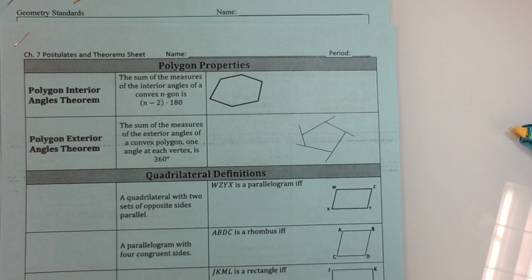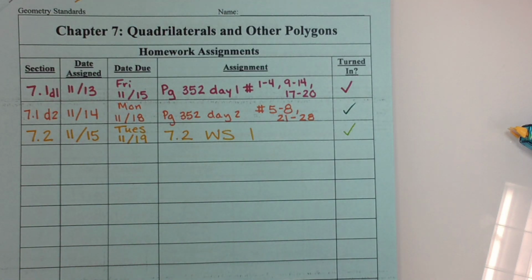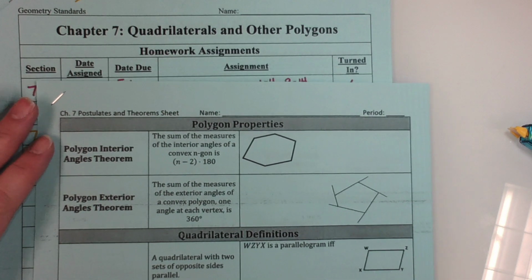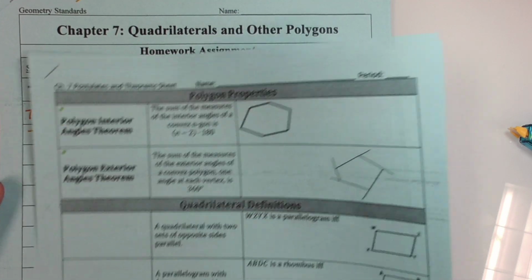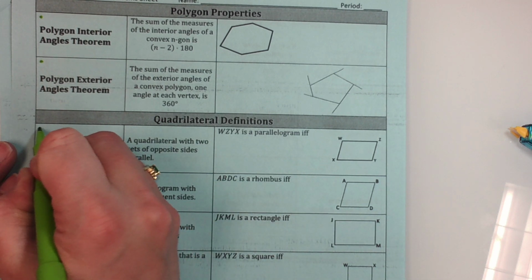Okay. So, just a reminder. Your postulate sheet. I am not filling that in for you as you go. At this point, I will just let you know. You should have these top two filled in. You should be able to have this one filled in.